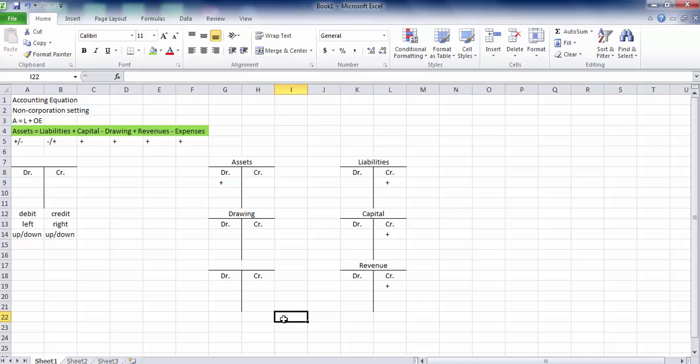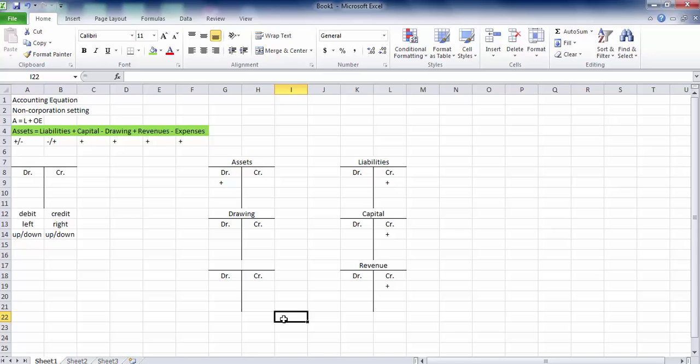Okay, so if I were to bring algebra into this discussion, and I said to you, how would I get rid of drawing if it was on the right side of the equation? You probably, those of you with some algebra experience, would say, well, I would add drawing to the right, and it would cancel out with the minus drawing. But what you do on one side in algebra, you got to do the other. So we want, by the time we're done, to have all pluses in front of these words. In order for drawing to have a plus in front of it, it would have to be on the left.